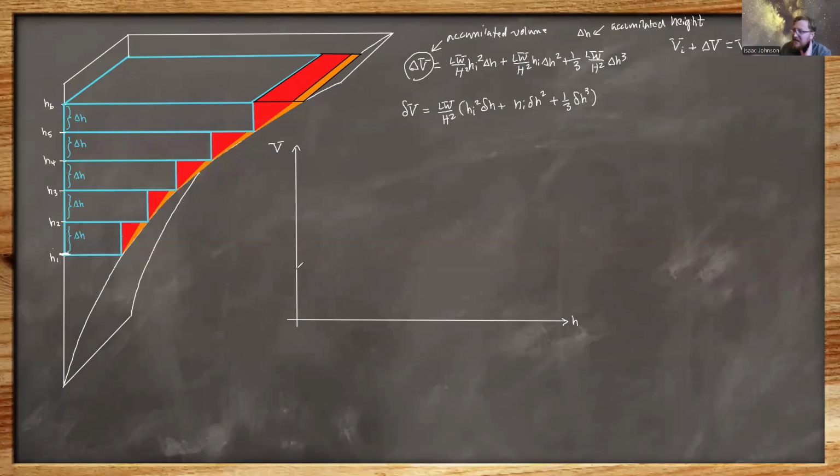And I'm going to say, let's say I know some initial amount of volume in the tub. So I have V initial. I may actually, just for the sake of clarity, just call it V naught. So V0, that's the initial amount of volume in the tub.